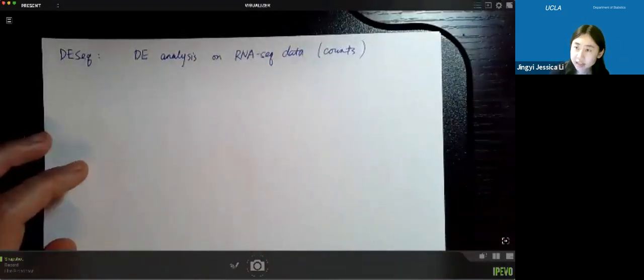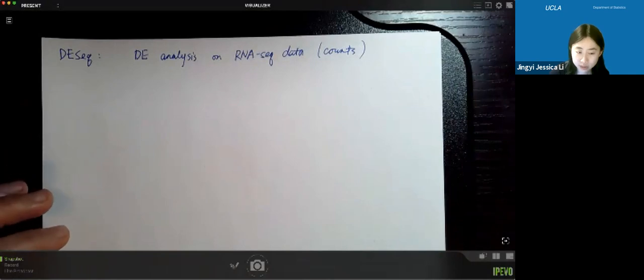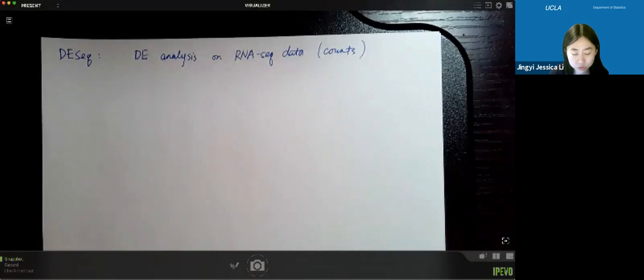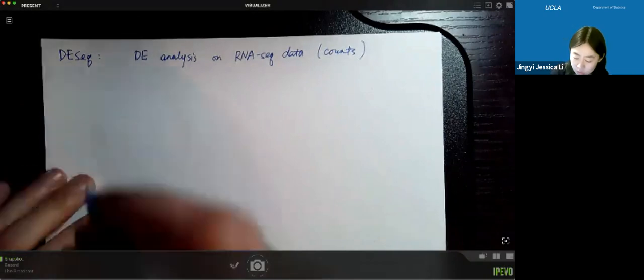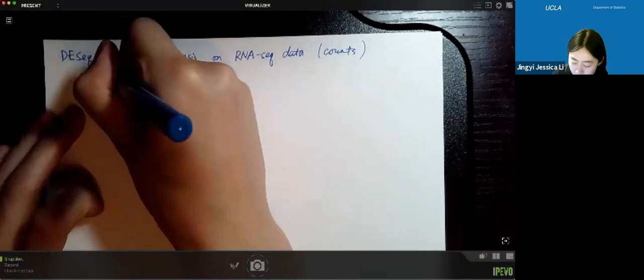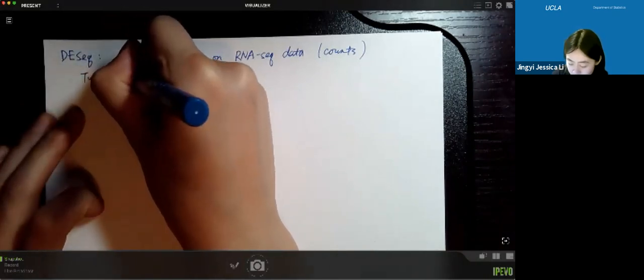So for count data, two typical distributions are often introduced, and I'm going to introduce both of them.